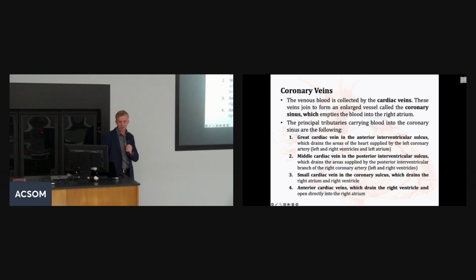There are four main veins: the great cardiac vein, which is in the anterior interventricular sulcus; the middle cardiac vein, in the posterior interventricular sulcus in the lower portion of the heart; the small cardiac vein, which drains the blood from the right atrium and the right ventricle; and the anterior cardiac vein, which carries the blood from the right ventricle.